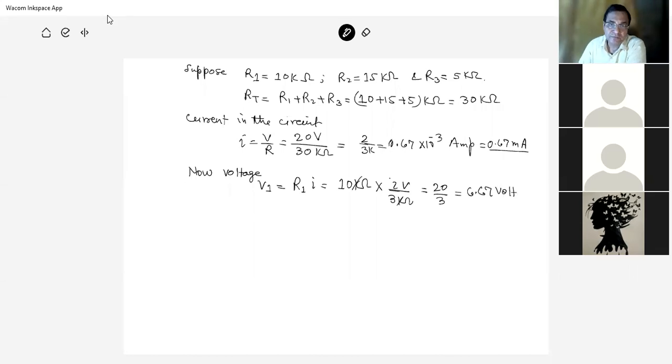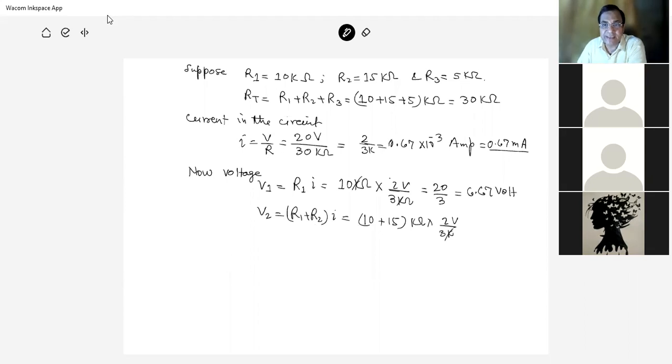V2 is equal to R1 plus R2 times I. R1 is 10, R2 is 15 kilo ohm into current 2 by 3 milliampere.